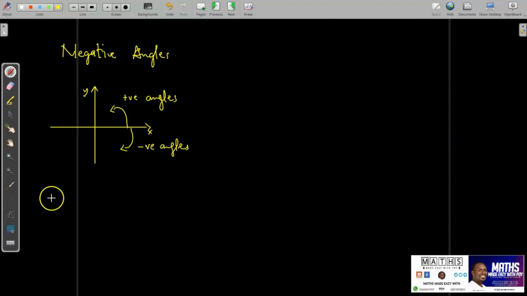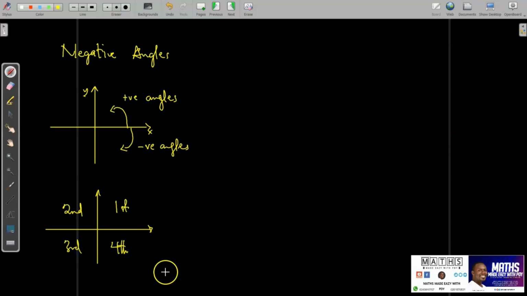We learned early on that within the Cartesian plane, all the trig ratios behave differently. It's just a little revision before I move on deeply into negative angles. We have the first quadrant, the second quadrant, the third quadrant, then the fourth quadrant. In the first quadrant, what is the behavior of sine, cos, and tan?